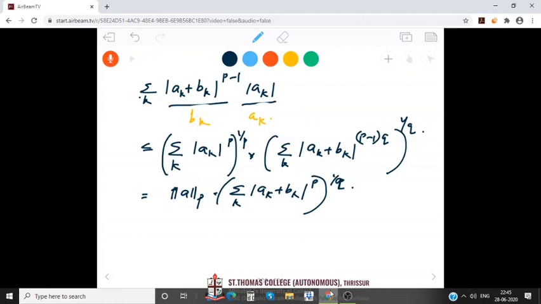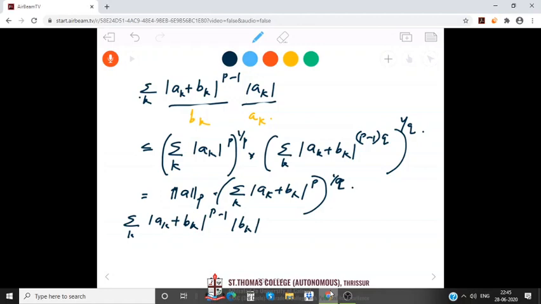Now what about the second term? Summation over k |ak plus bk| to the power p minus 1 times |bk|.